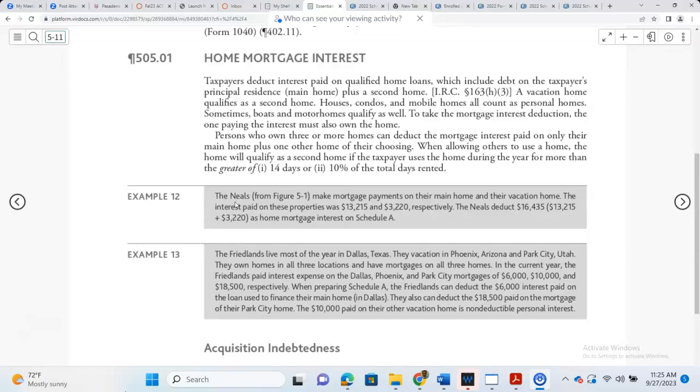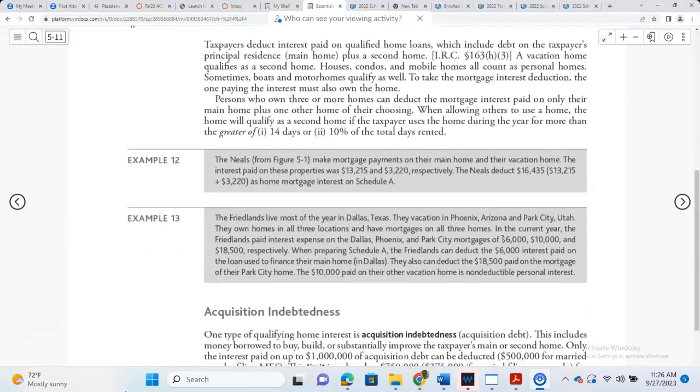The Nils make mortgage payments on their main home and their vacation home. The interest paid on these properties was $13,000 and $3,220 respectively. The Nils deduct $16,000, the combination of those two, as home mortgage interest on Schedule A.